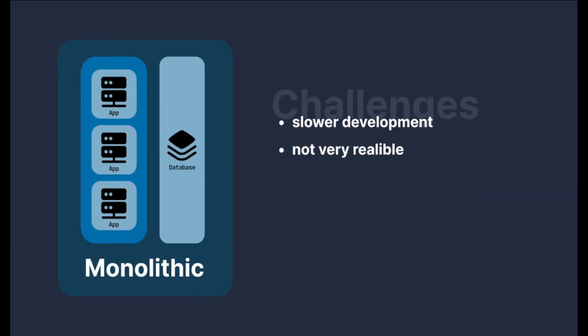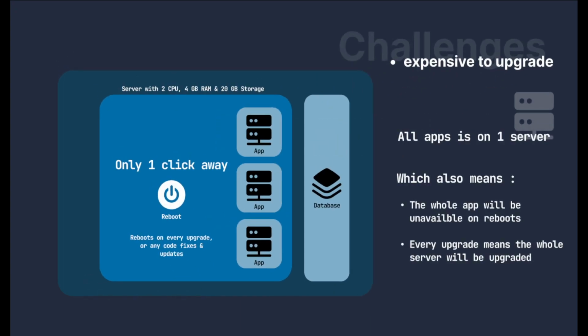The second one is being not very reliable because, as I mentioned before, to update the application, you have to restart the whole server. The next one is being expensive to upgrade. Sure, the application is shared within this one server and restarting is very simple, but it's going to reboot on every upgrade or any code fixes and updates in the future.